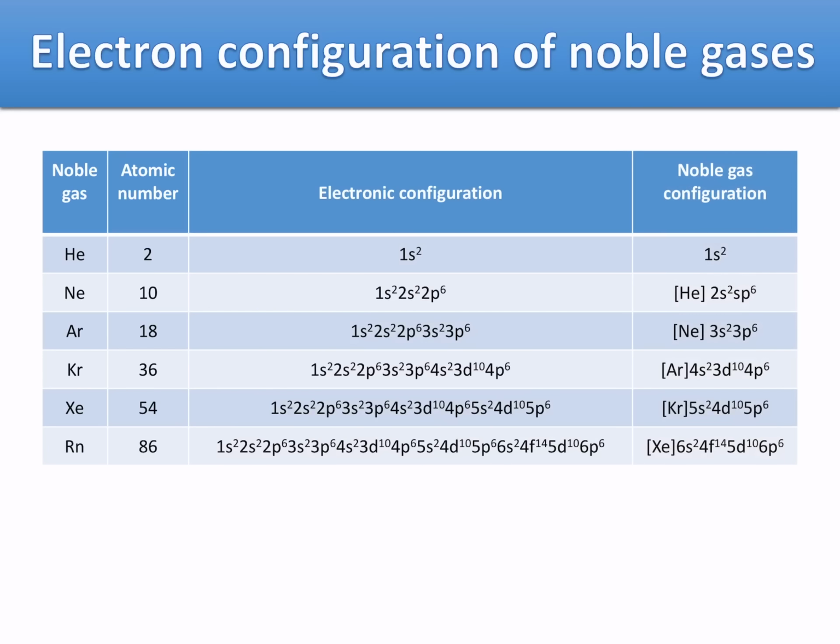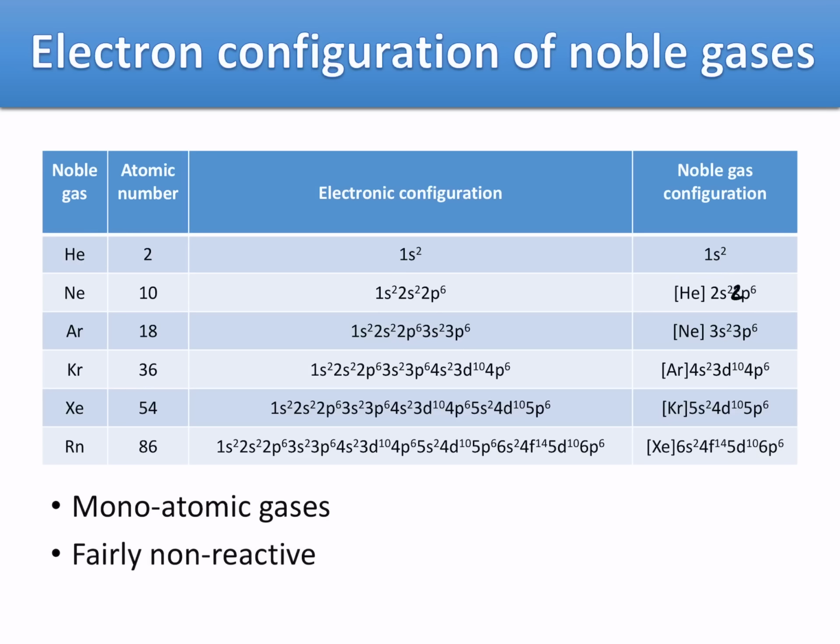This is a 2 right there. One thing that you notice here is that some of the properties of those noble gases include that they are monatomic gases. For example, helium is going to be just atomic helium. If you compare helium to hydrogen, well, hydrogen exists as a diatomic molecule, so helium exists as a monatomic gas. And they are fairly non-reactive.